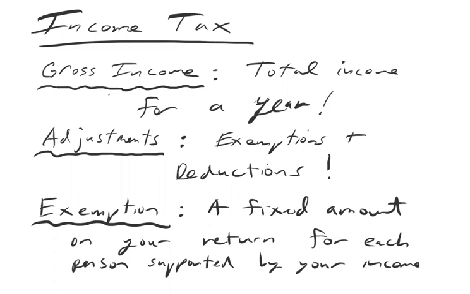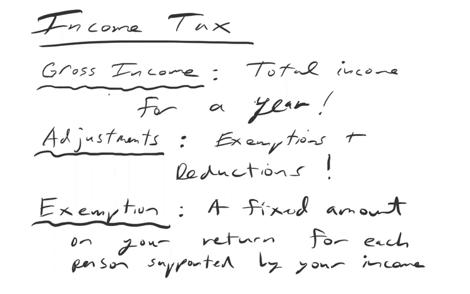Okay, so for example, in my household, my income supports my wife and my two daughters. And so I get a fixed amount on the basis of having a wife and two children. I get a fixed amount that I do not have to pay taxes on, that I can subtract out of my gross income, okay?